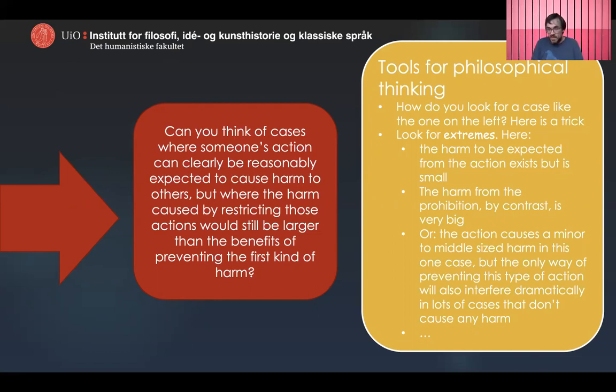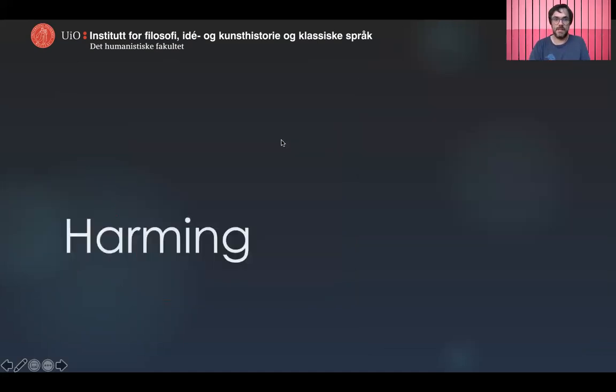Or think about cases where the action causes a minor or maybe even middle-sized harm in one case, but the only way we can reasonably prevent this kind of action is by interfering dramatically, also in lots of cases where no harm is caused. Okay, so these are tools. Think about the extreme cases to find cases where maybe the state shouldn't be allowed to interfere according to Mill, even though there's harm caused to another in this case. Okay. In the next video, we'll look more at what harming actually is according to Mill.